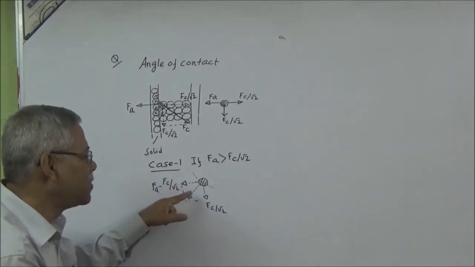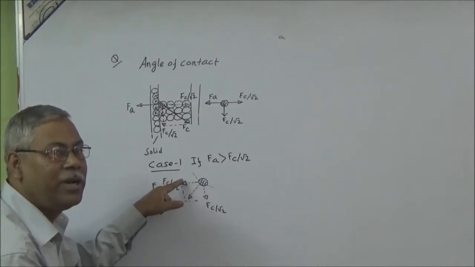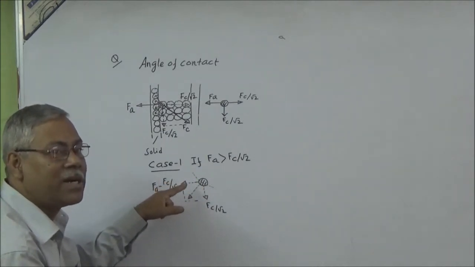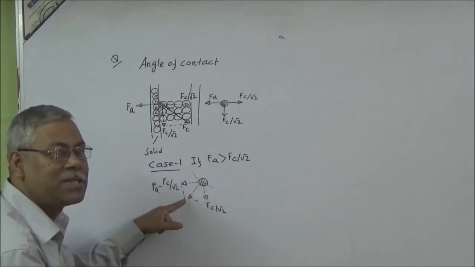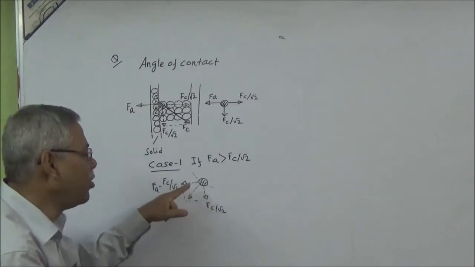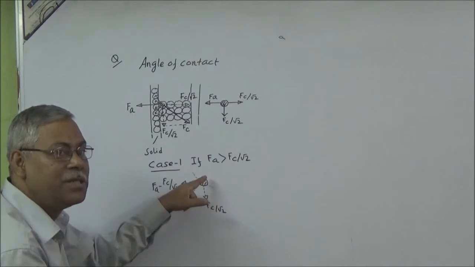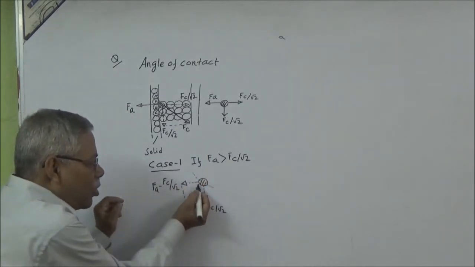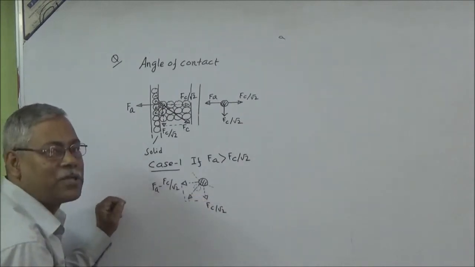That is because if this molecule has other molecules in its surrounding, they will exert a normal force on this in order to balance this. Consider the molecule which is just below, just in the line of this resultant force.